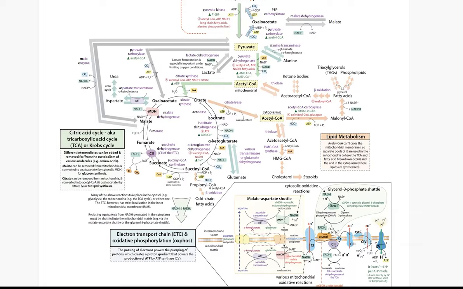This conversion to oxaloacetate is really important because if we remove things, like if we remove malate, well, now we don't have any malate to turn into oxaloacetate to combine with acetyl-CoA in order to make citrate. And so this is what we call an anaplerotic reaction, where we're generating a pathway intermediate when we remove something.